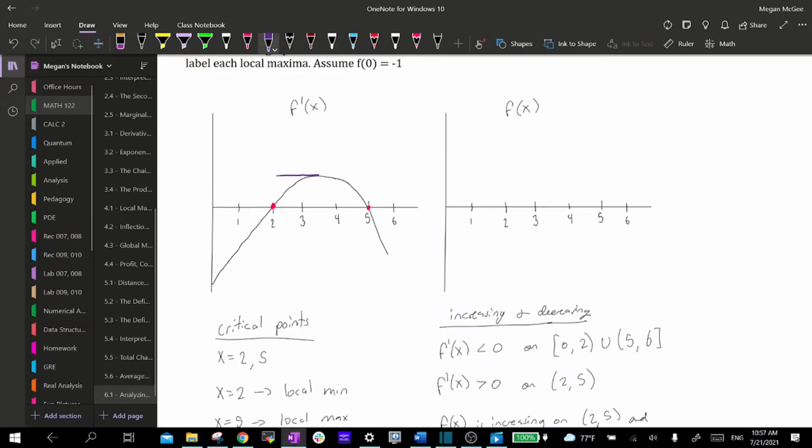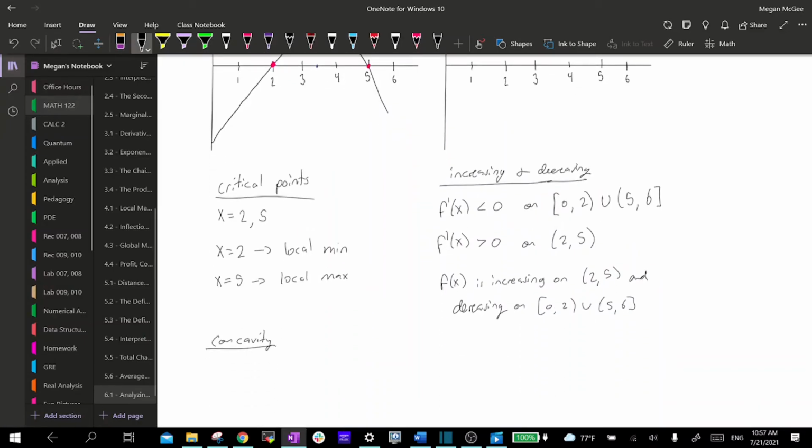So here we have a horizontal tangent line, which means our second derivative is 0. It looks like about halfway between 3 and 4. So at 3.5, our second derivative is 0. So second derivative, f double prime of x, equals 0 at x is roughly equal to 3.5. Okay.